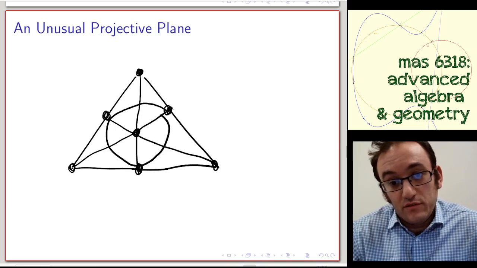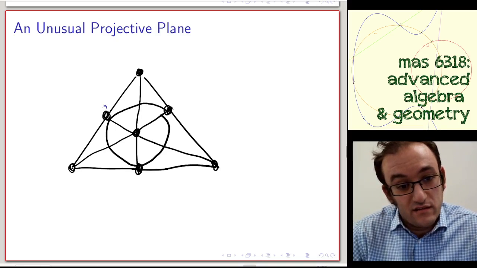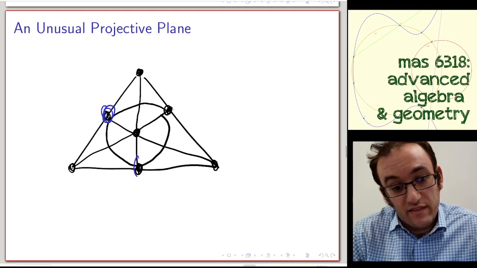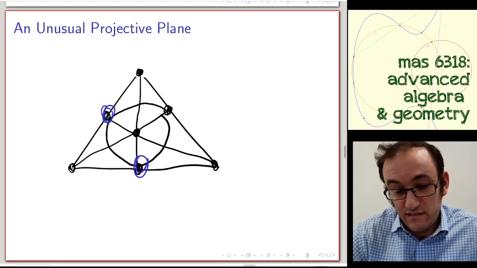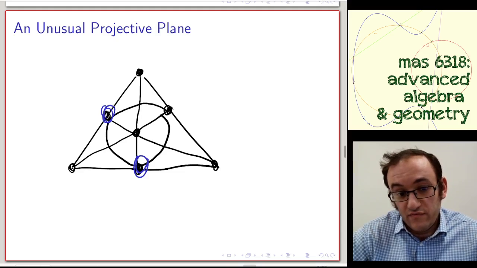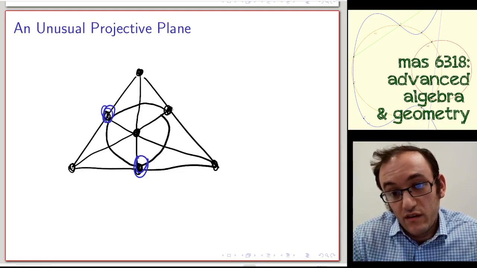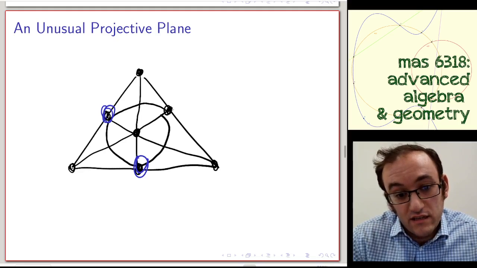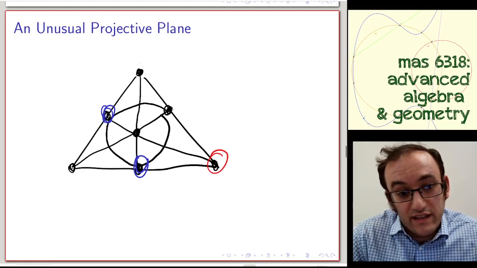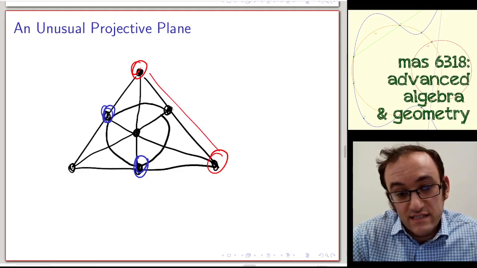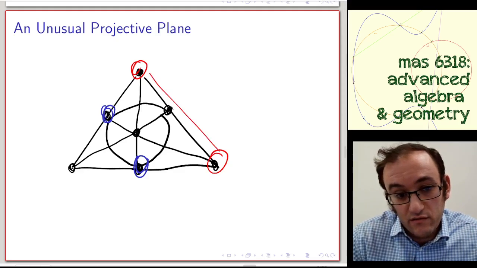So for example, if I take this point and this point, the line it defines is this circle that contains both of them. If I want this point and this point, then that defines this line. Okay, I'll mark this in blue.